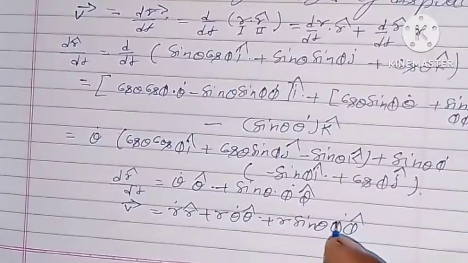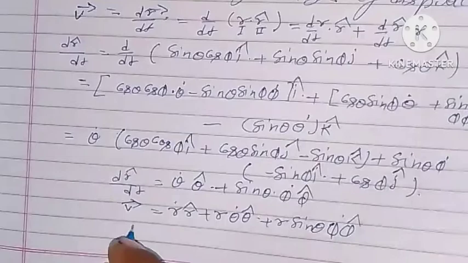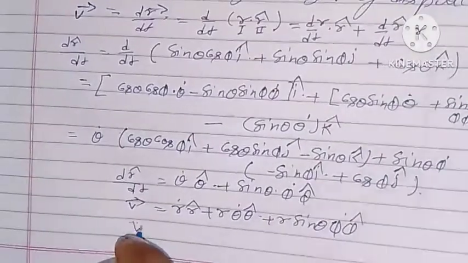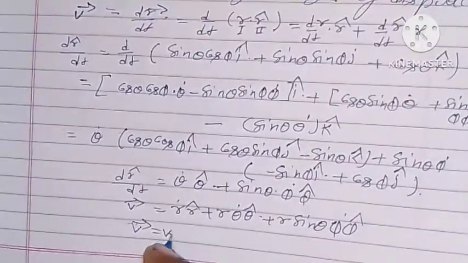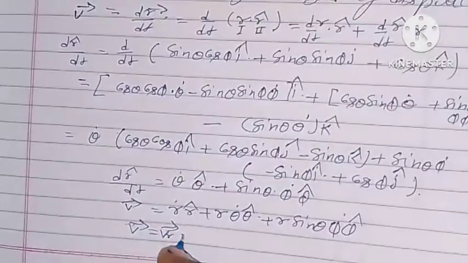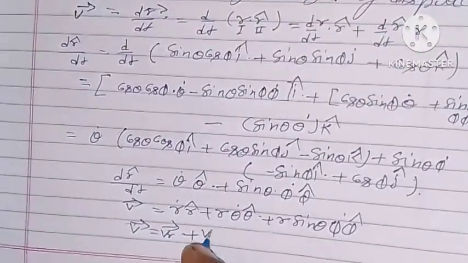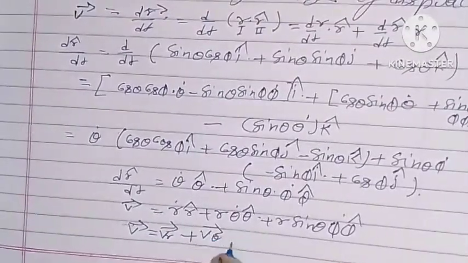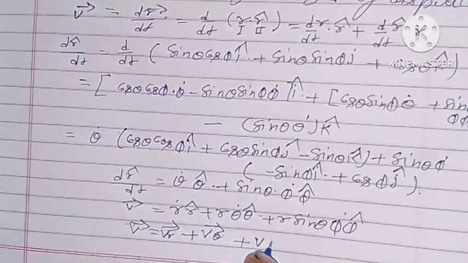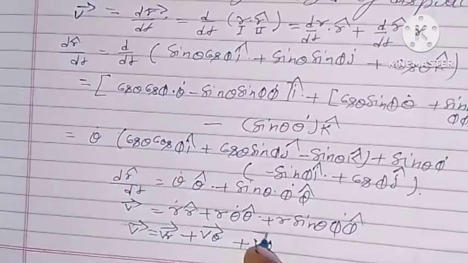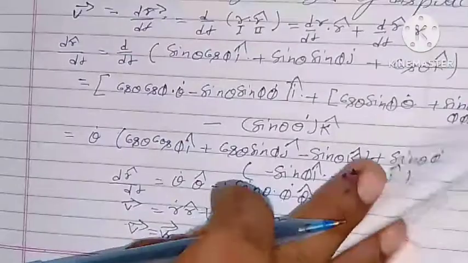The above relation can be put in the form: vector v equals vector vr plus vector v theta plus vector v phi.